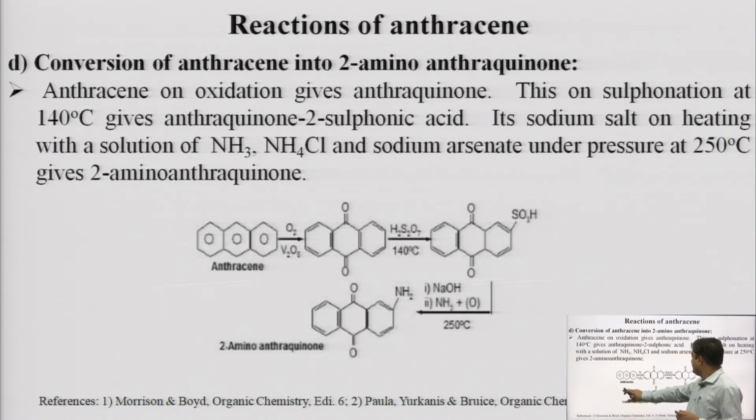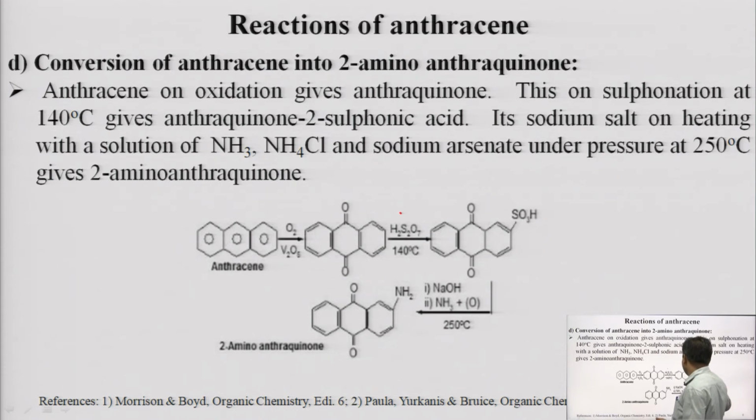First of all, anthracene in the presence of oxygen and V2O5 gives 9,10-anthraquinone, which on sulfonation at high temperature gives the 2-substituted product, 2-sulfo substituted anthraquinone.